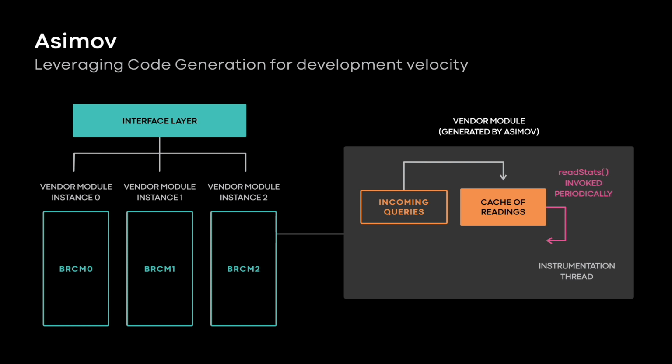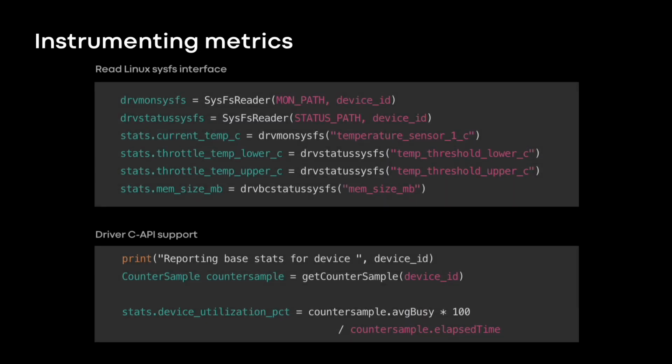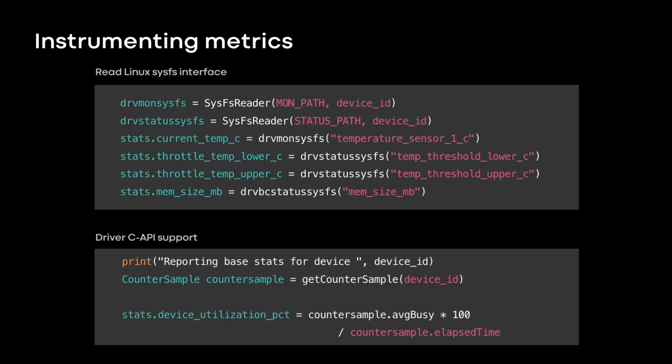And we've used Asimov to automatically generate the code for that module. In this way, it handles all the complexity of managing threads, reading and caching the data, and exporting the data to other systems. So Asimov allows us to focus on the main part, which is reading these metrics from the driver, combining them if we need to, and then building derived metrics.